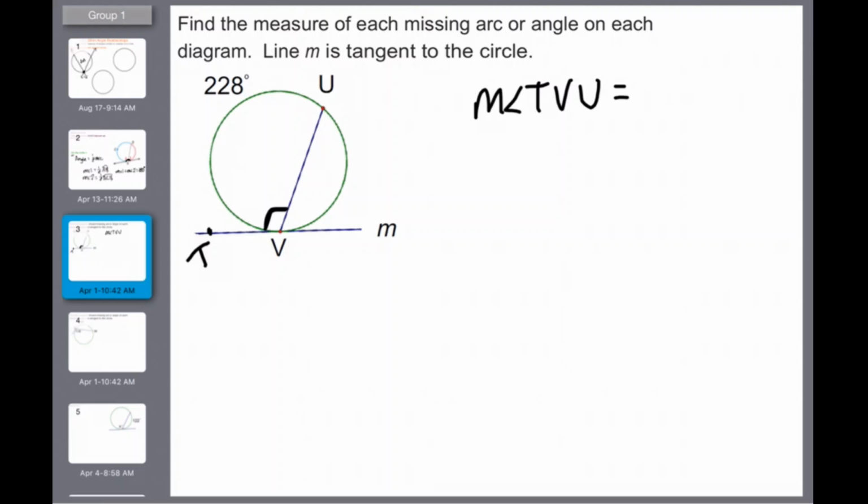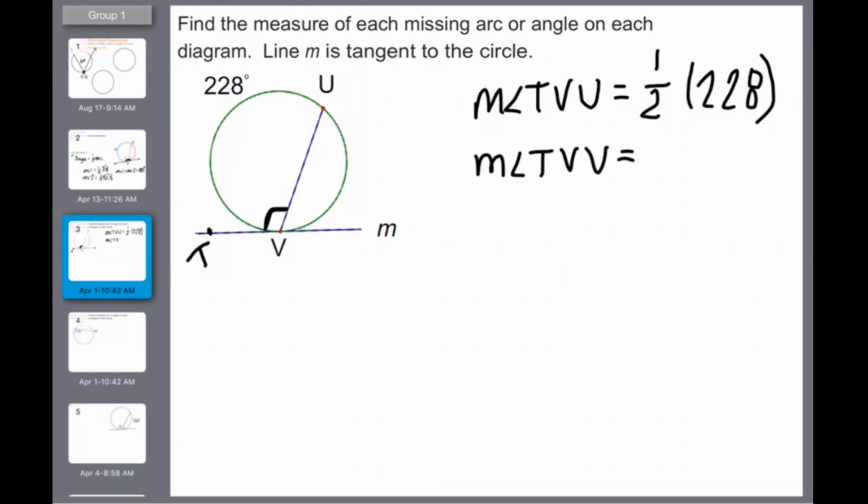Since that's going to be half of our arc measure, it's going to be half of 228, which if we did the math on that, would be 114 degrees here.